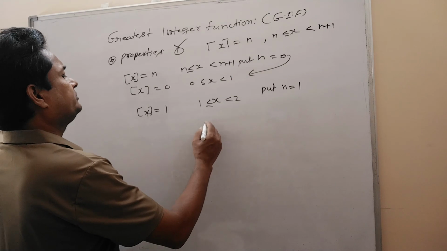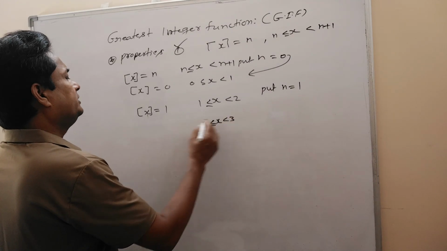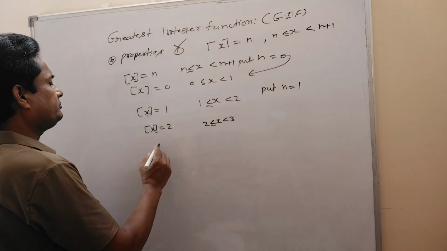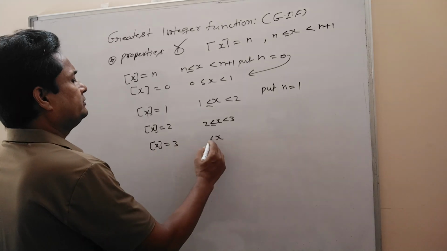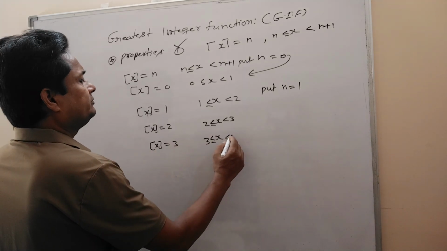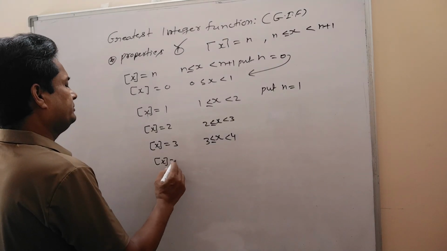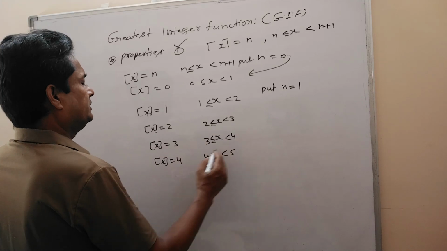So in a similar way, if x lies between 2 to 3, then greatest integer of x will be 2, and greatest integer of x will be 3 if you have the value 3 to 4. Greatest integer of x will be 4 if you have the value 4 to 5.